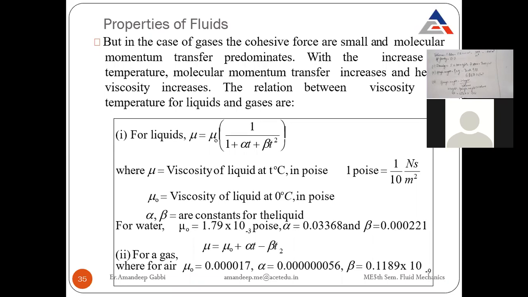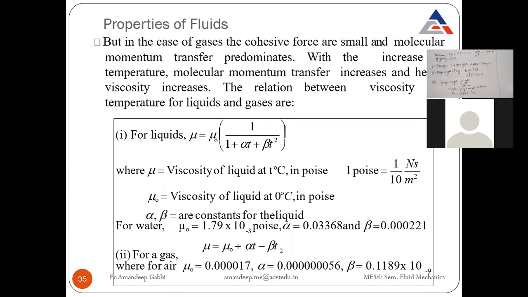So you must know that in case of liquid, the viscosity will decrease if you increase the temperature of that liquid. But in case of gas, if you heat that gas, the randomness will increase, or momentum will increase. Because of the increase in momentum, the viscosity will also increase.